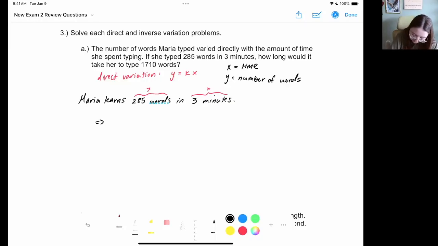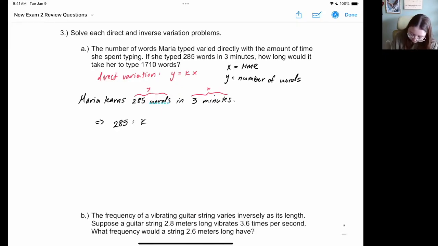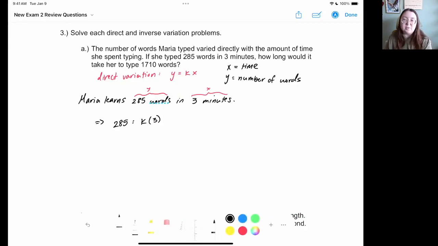So we can create our equation here. We get y, 285, is equal to k, the rate, which we don't know yet, times x, which in this case is 3. So we have 285 is equal to k times 3, or 3k. You can write that as well.